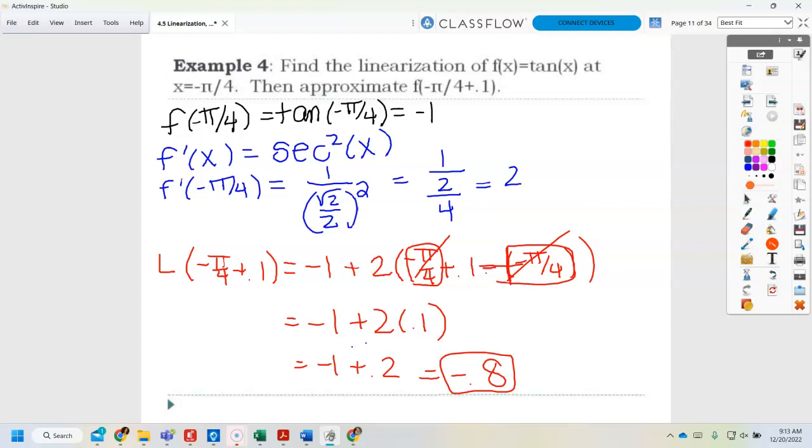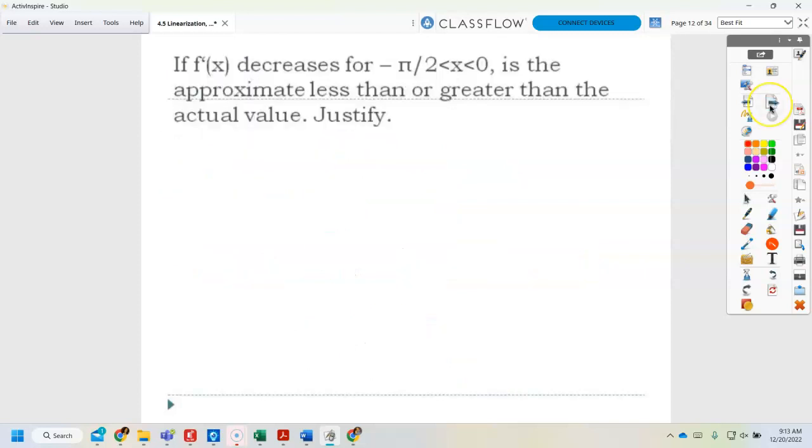If we say that f prime is decreasing from -pi to 0, is the approximation going to be less than or greater than the actual value? So I don't know about f of x, so let's say we just don't know really, but f prime is decreasing. What does that tell me about f double prime?